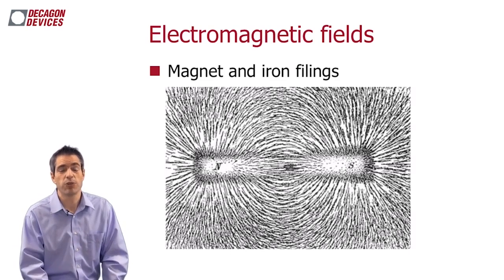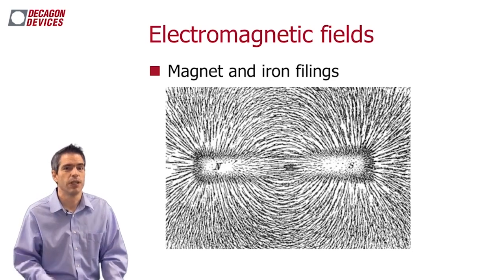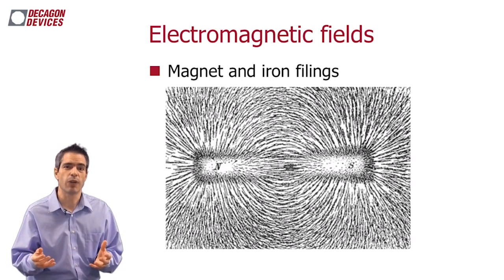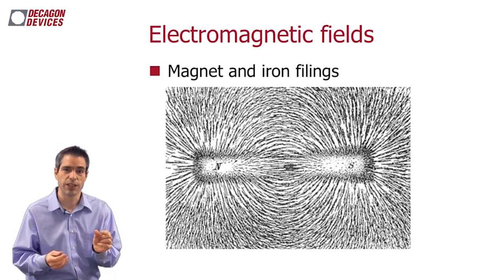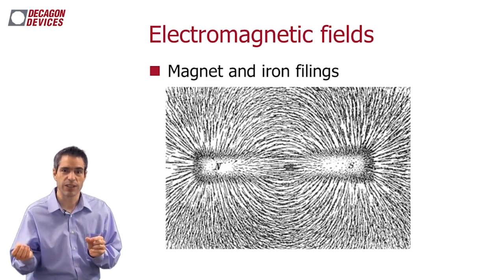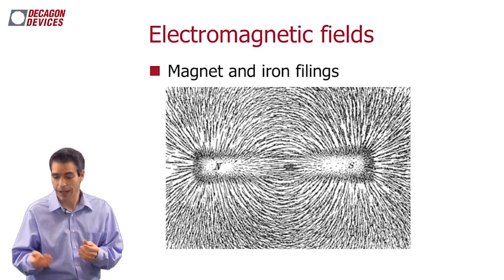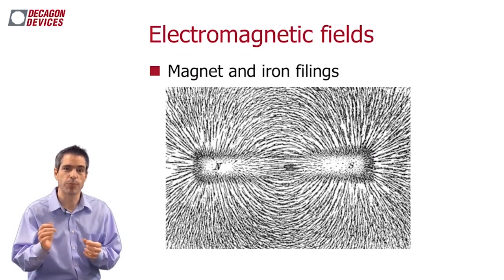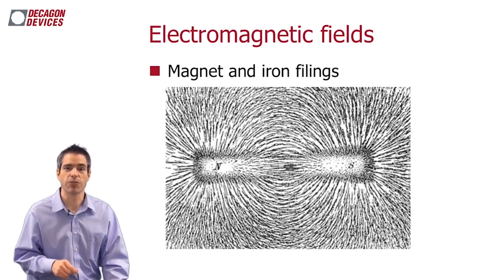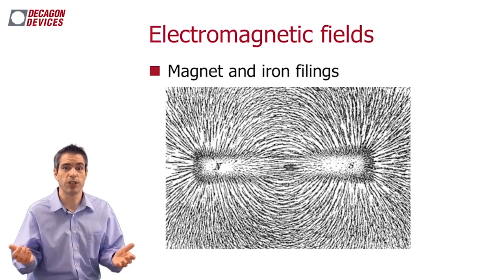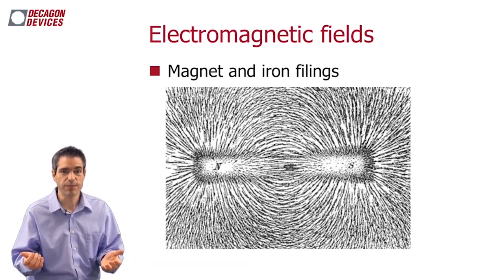Now, I imagine back when you were in middle school sometime, or even in grade school, your teacher came around and handed you a magnet with some iron filings and said, play with these for a little while. I remember it. I took those iron filings, dumped them on the desk, and put the magnet right in the middle because I was pretty curious what would go on.